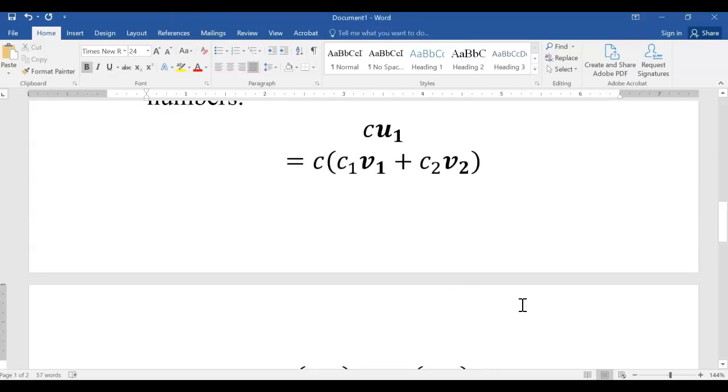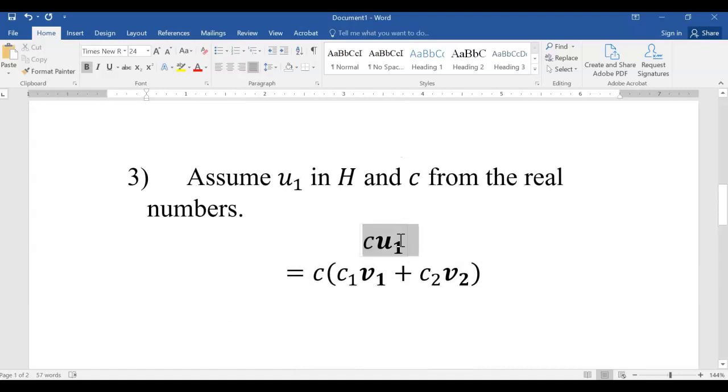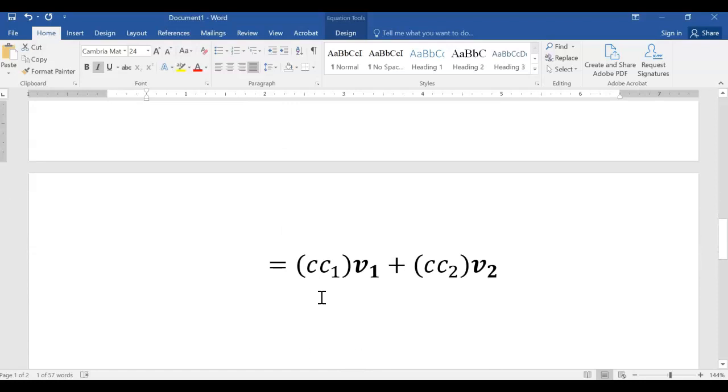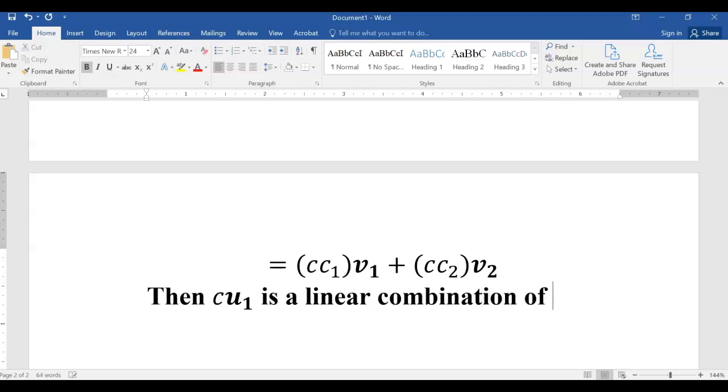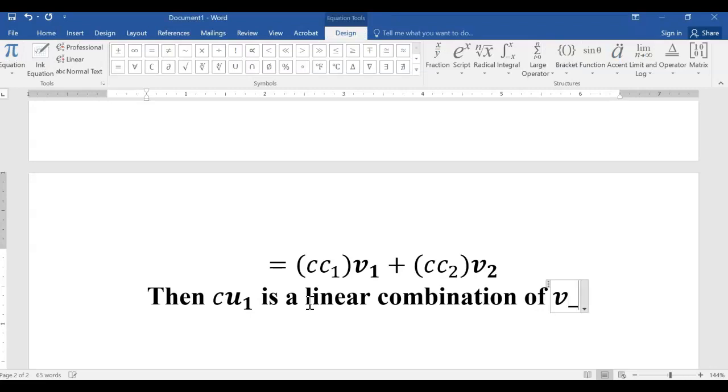So what that means is that if u1 was in H, then a scalar times u1 is a linear combination of v1 and v2.